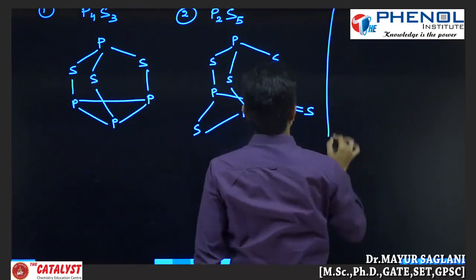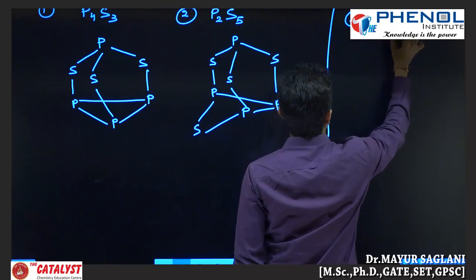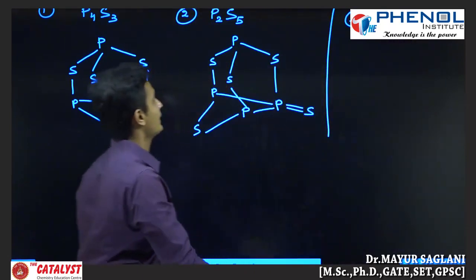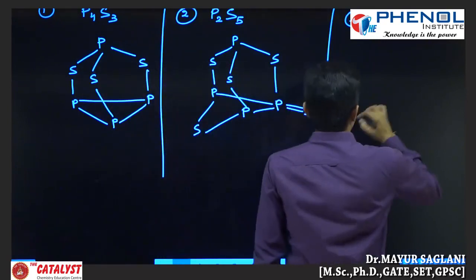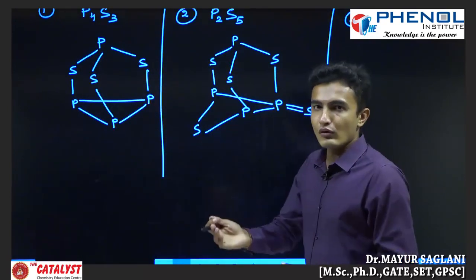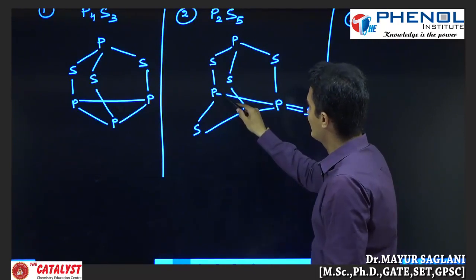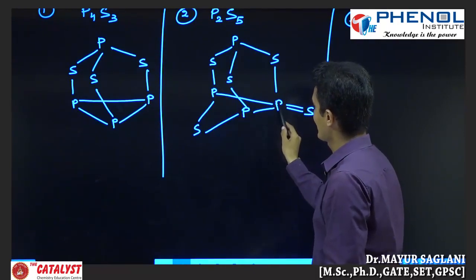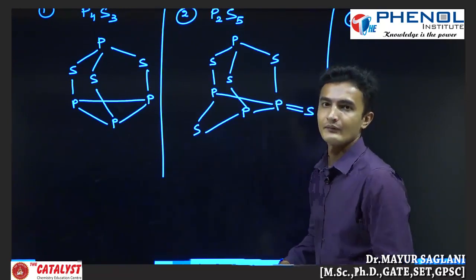Okay, if I ask you to draw another structure, that is the third structure, P2S7, then again I have to put 2 more sulfur atoms. So 1 sulfur atom I will put between this and this phosphorus atom, and 1 more sulfur atom I will put as a double bond S. Fine.